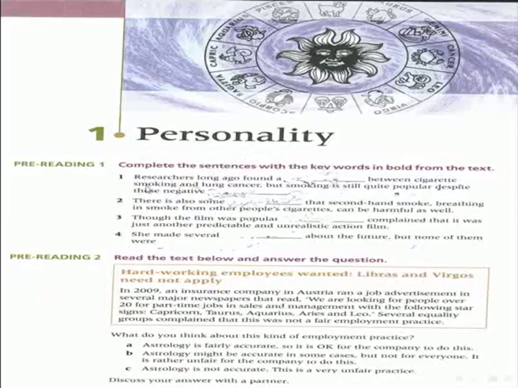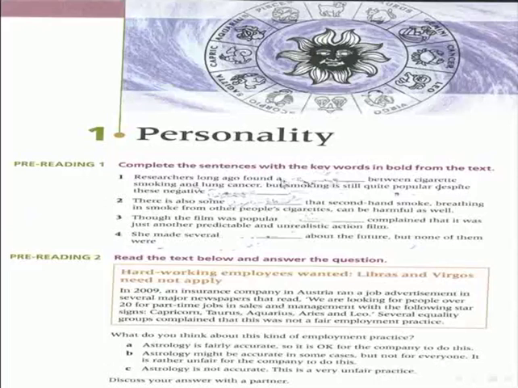Let me read. Number 1. People who have researchers long ago found what? Between cigarette smoking and lung cancer. What did they find? They found a relation, right? Let's say a kind of what? It's written in the text, right? I'll give you the answer.